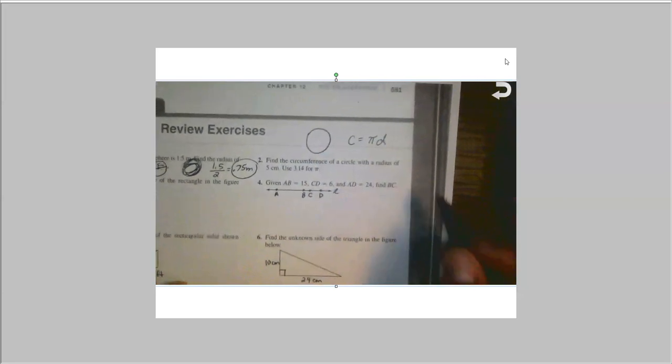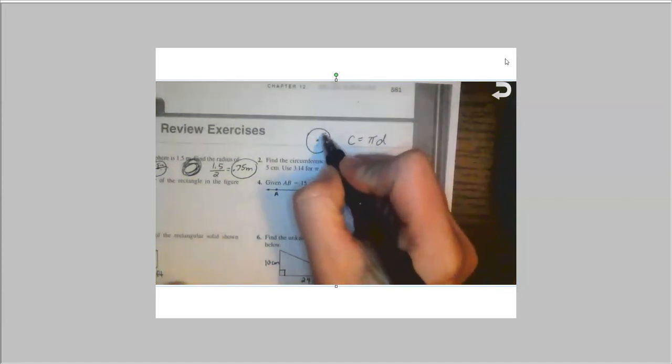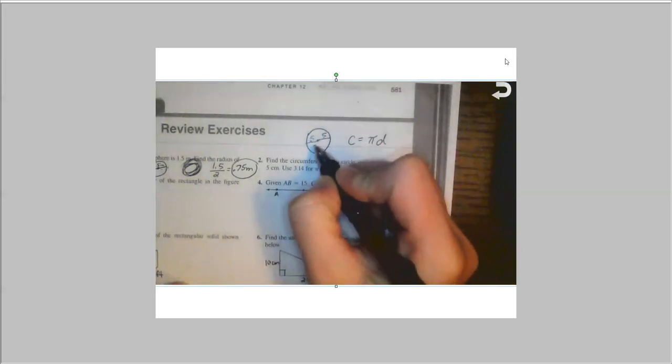Okay, so if we know that the radius is 5 centimeters and the diameter is twice that, then this half is 5, so that makes the diameter 10, and we're going to use 3.14 in the place of pi. So we're going to multiply 3.14 times 10, and that will give us an answer of 31.4, and then our label is centimeters. Make sure that you label appropriately for each of the problems this week.